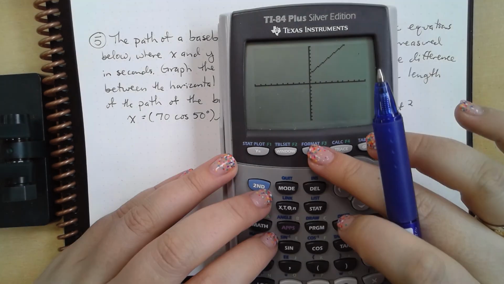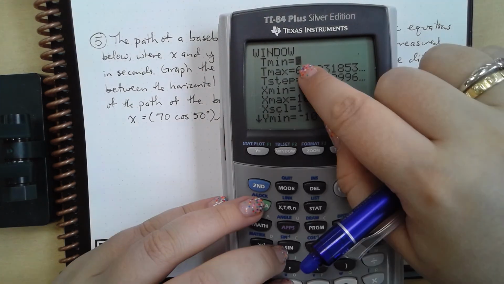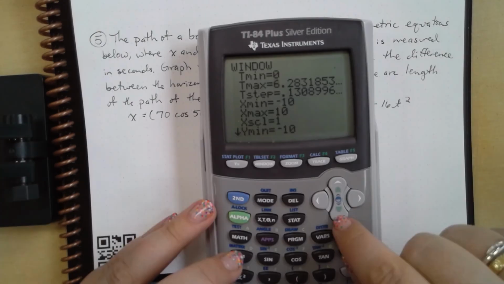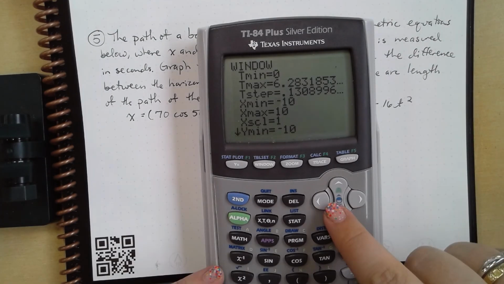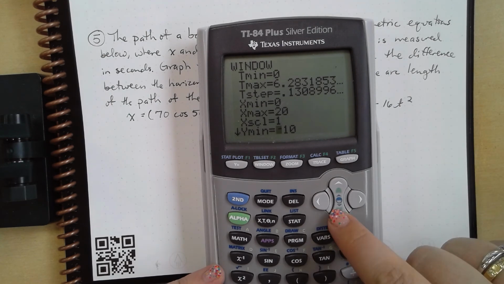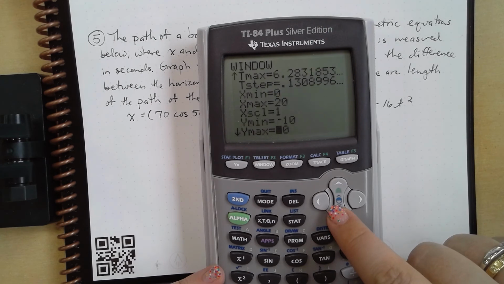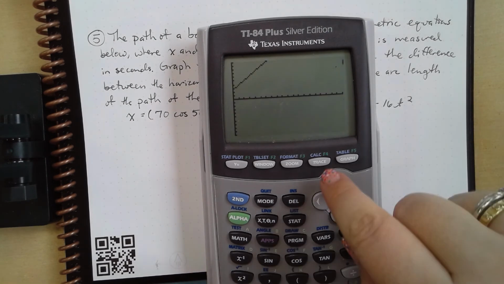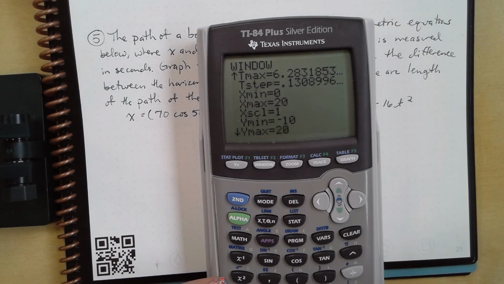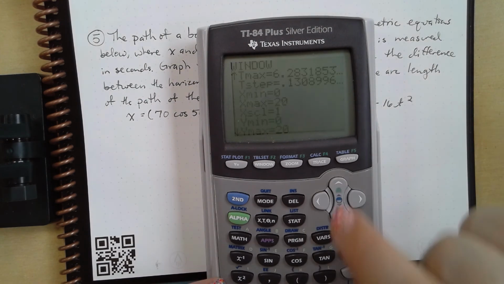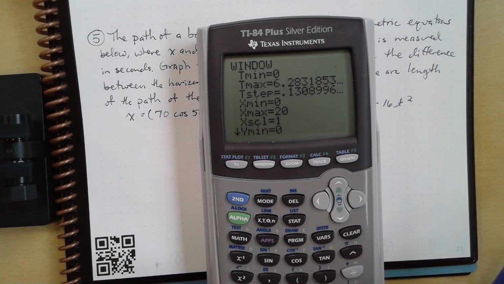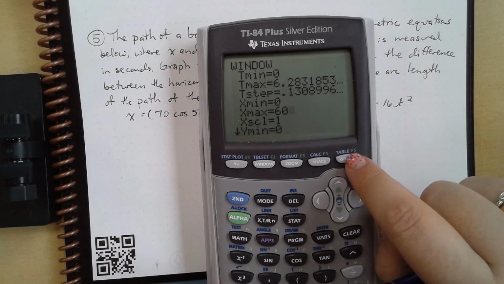So my t minimum is 0. T steps are probably fine. My x, I can probably start at 0, and let's take our x max to 20, and y is probably also fine. Ooh, maybe not. Maybe I should adjust my y. Let's get y maximum up to 20 and y minimum to 0, because oh, it's in seconds. So let's do 200.